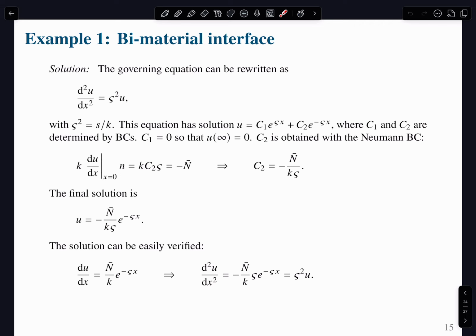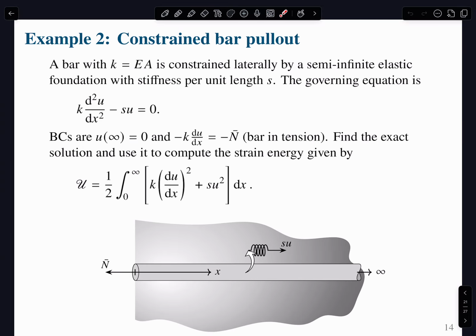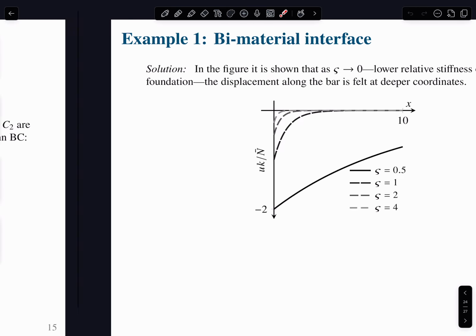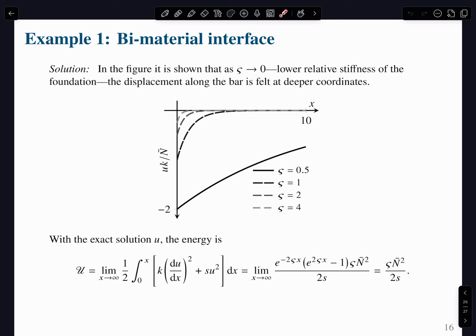Now that we know what U is, we need to compute the strain energy. If you recall, all I need to do is go back, plug that in here, and integrate from 0 to infinity. That is actually possible.